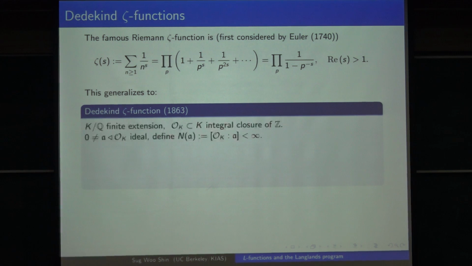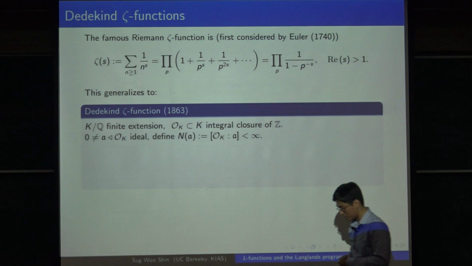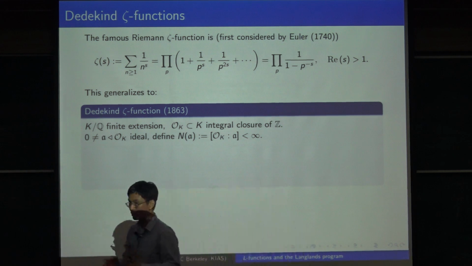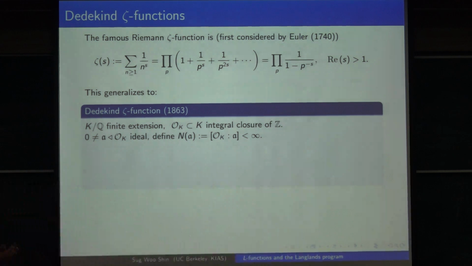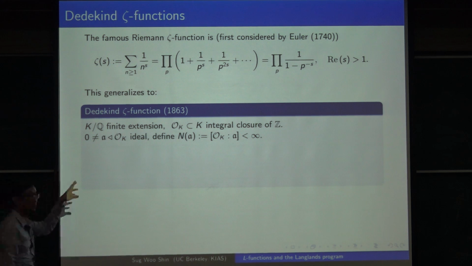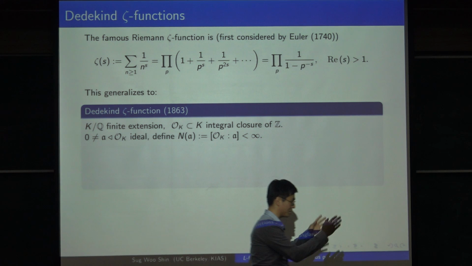To do this, you have to allow some finite extension of the rational field Q. K is a finite extension of Q, a field extension. O_K is the integral closure of Z. That is to say, you consider all monic polynomials with integral coefficients, where the highest degree has coefficient 1, and then you look at all possible solutions living inside K and attach them, generating a subring.